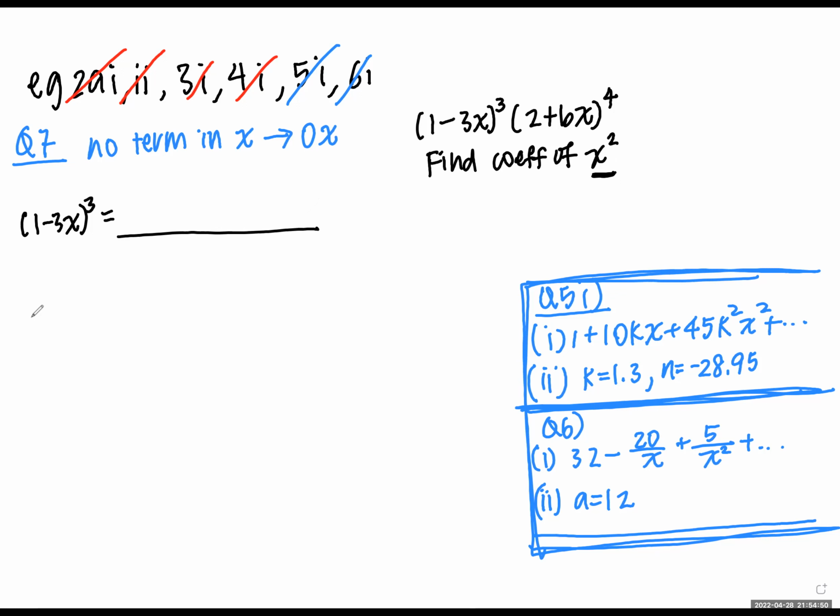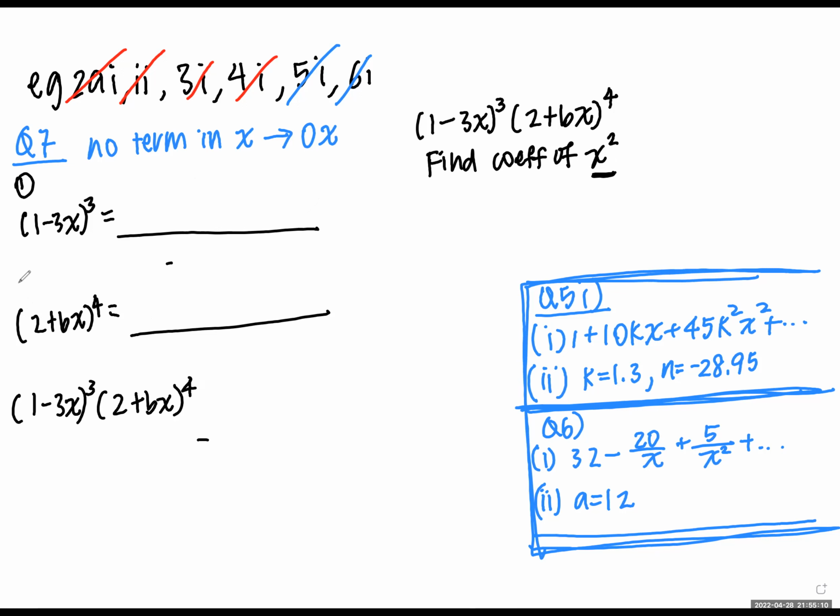Same thing for your 2 plus bx to the power of 4 is equal to whatever naught, and you also need to expand up to the third term to get your x squared term. So hence from here, what do we have to do? It's the same as what I did earlier. Once I do this separately, this is step 1, step 2.